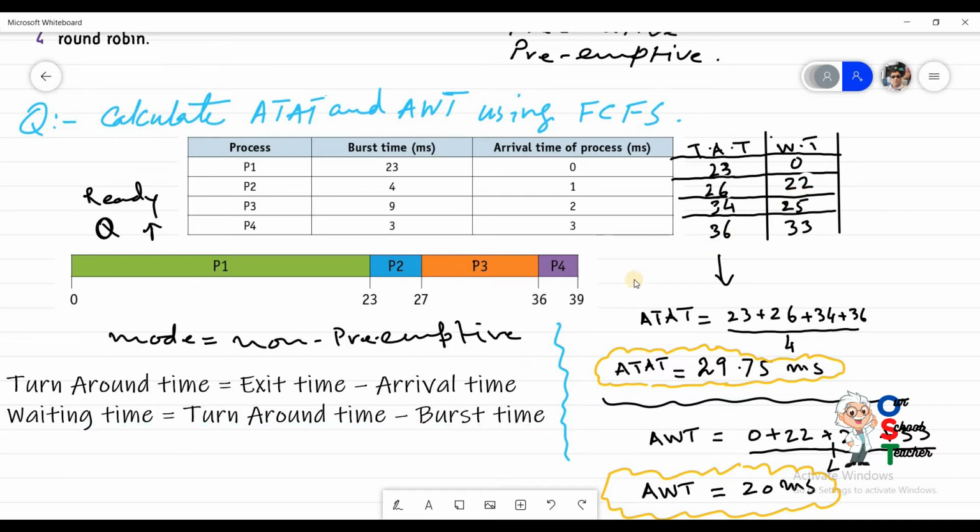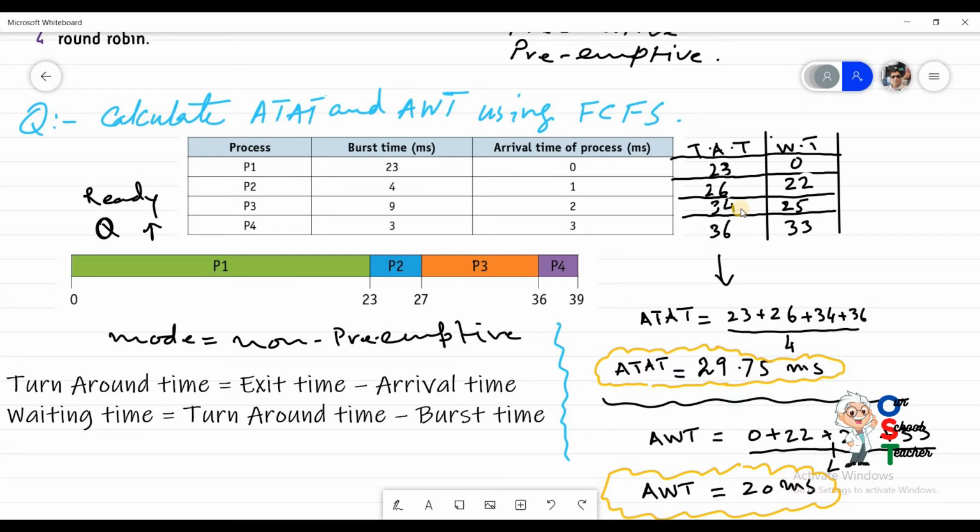So turnaround time for first process is 23 and the burst time is also 23. So 23 minus 23, waiting time for first process is 0. Similarly, turnaround time for second process is 26. Burst time for it is 4. So 26 minus 4 is equal to 22.